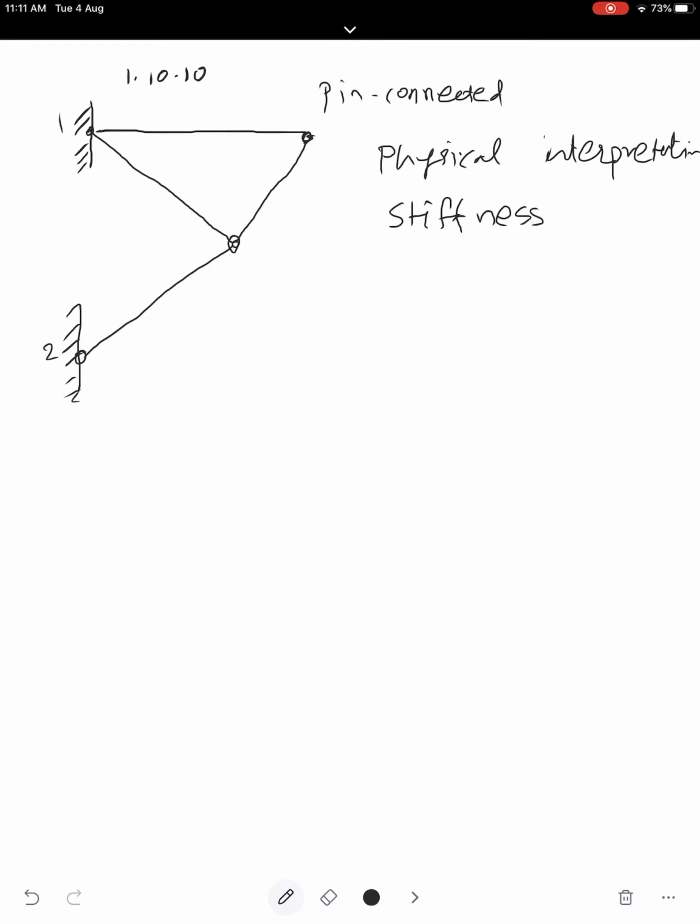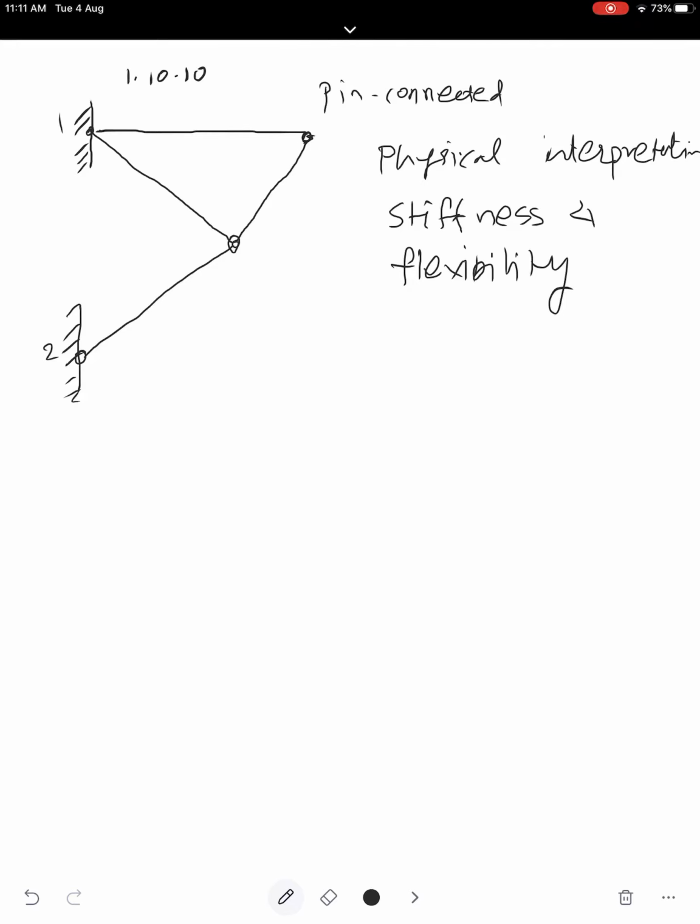Physical interpretation of the system through the concept of stiffness and flexibility. So we have to determine the coefficients.